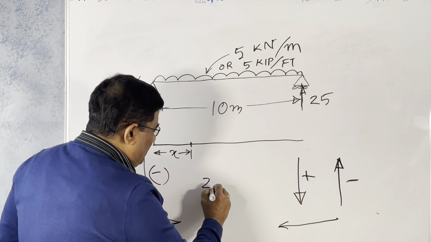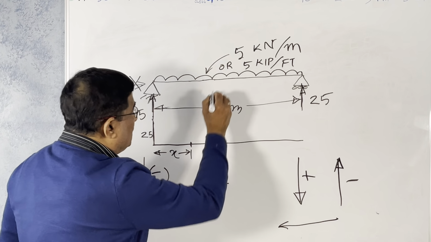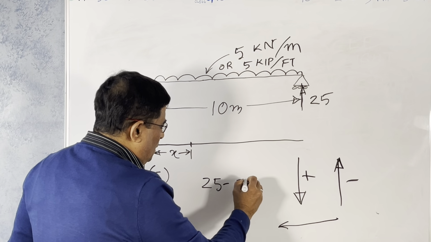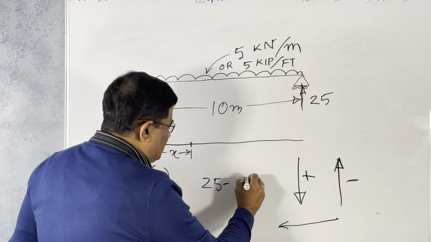It is 25 minus 5x, where 5 is the load times x.